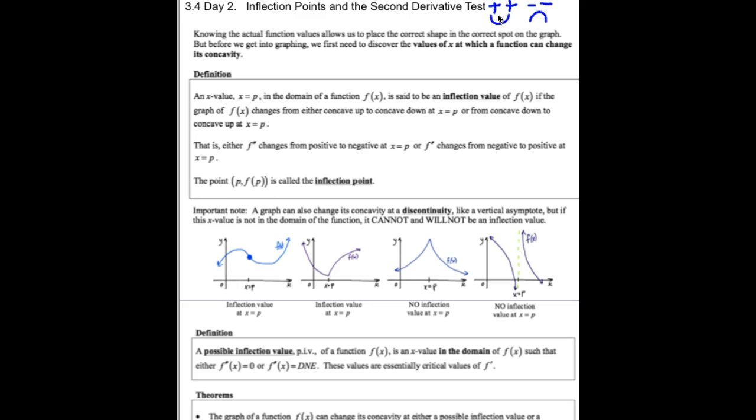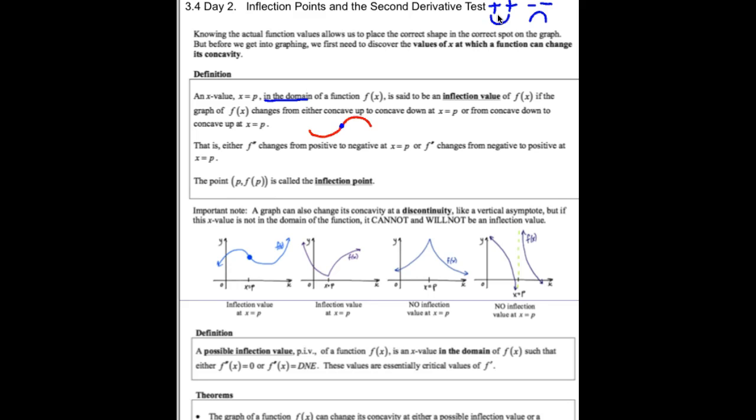We say that any x value in the domain of a function is an inflection value if the function changes from concave up to concave down or vice versa. So really what an inflection value often will look like is that spot on the graph where you were holding water and concave up, but then you took a turn and started to be concave down.